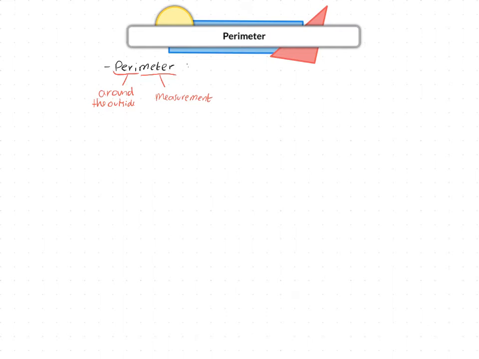Now, of course, in math, that has a very specific meaning. So the measurement we're taking is the length around the outside. Around the outside of what? Well, the outside of a shape. And that can really be any shape, but generally we mean one that has straight edges around the outside.